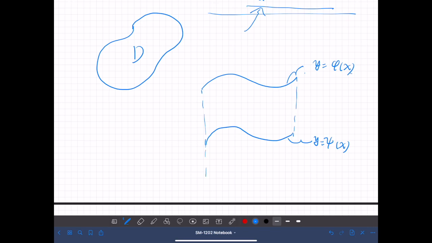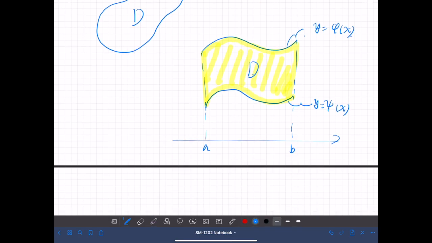And on the x-axis, it is from a to b. So in this region, how do we carry out an integration? This is sandwiched by two curves.